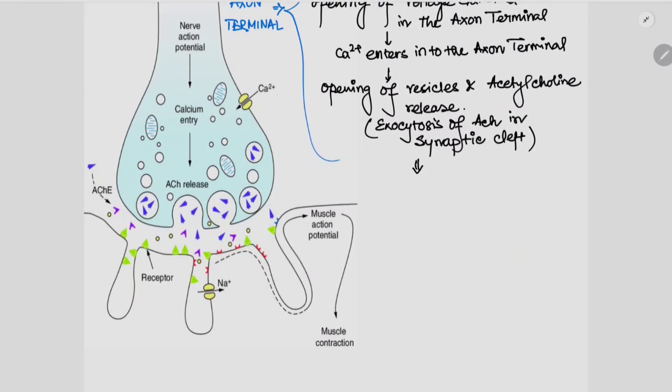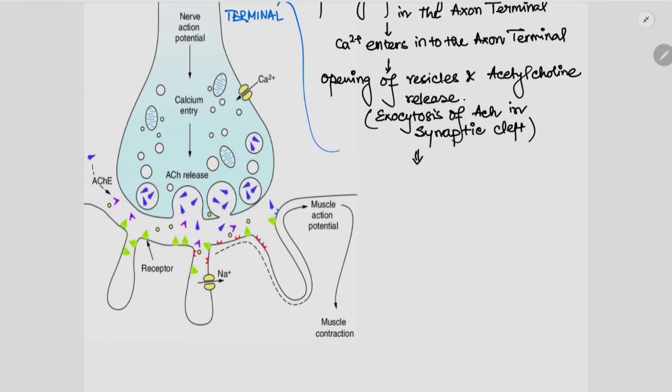Then what happened? Then acetylcholine binds with the N1 nicotinic receptor in the postsynaptic muscle membrane, right, in the motor end plate.